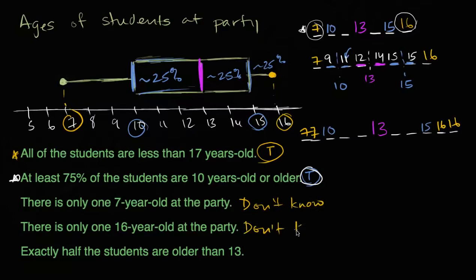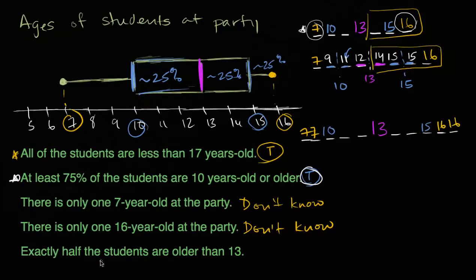We just don't know. Now the next statement: exactly half the students are older than 13. Well, if you look at this possibility up here, we saw that 3 out of the 7 are older than 13. So that's not exactly half. 3 sevenths is not 1/2. But in this one over here, we did see that exactly half are older than 13.